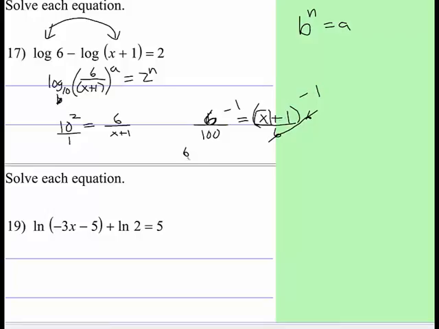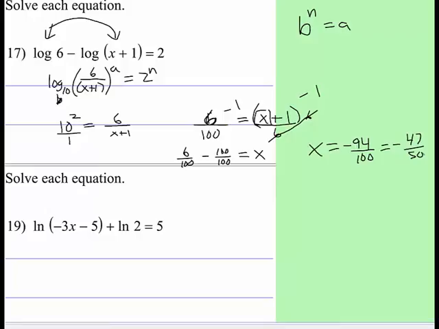So you have 6 hundredths subtract 1, which is 100 hundredths, is equal to x. And 6 subtract 100, so we're going to have x is equal to negative 94 over 100. Those are both divisible by 2, so when you simplify, you end up with negative 47 fiftieths.